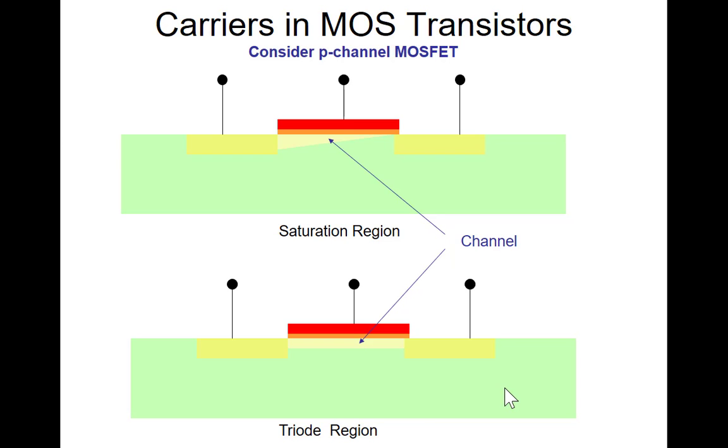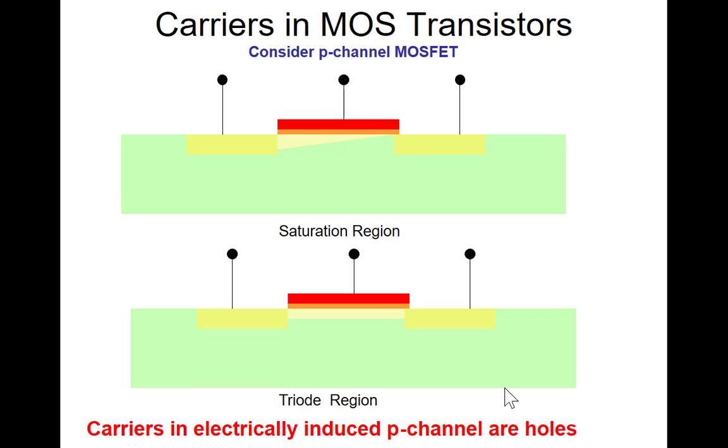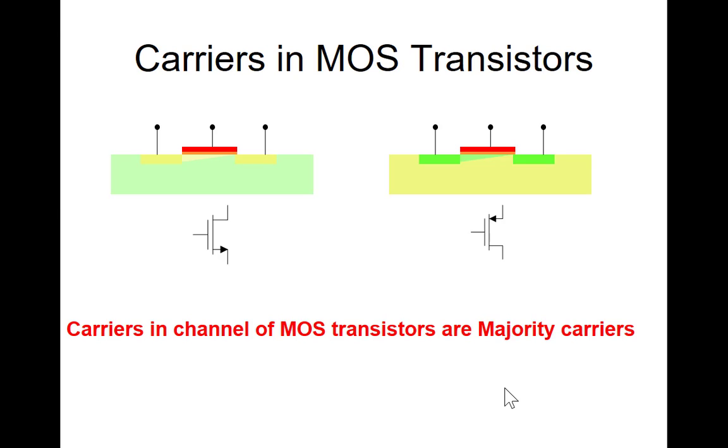So it's majority carriers that are associated with current flow in the channel. So the carriers in an electrically induced p-channel region are also majority carriers. So regardless of whether you have an N-channel or a p-channel transistor, the carriers in the channel that pretty much govern how the device operates are based upon majority carriers.